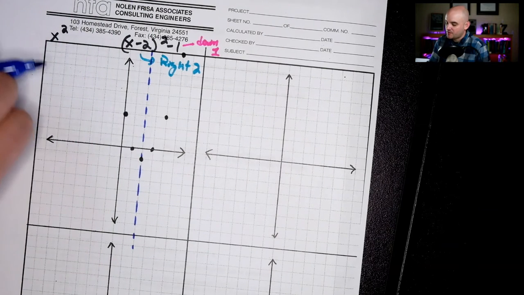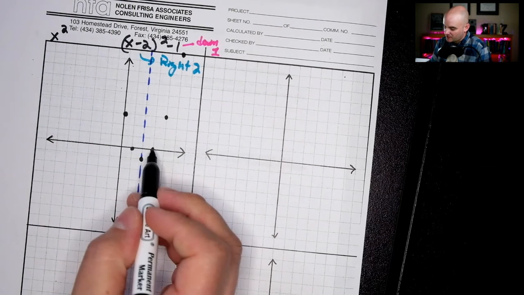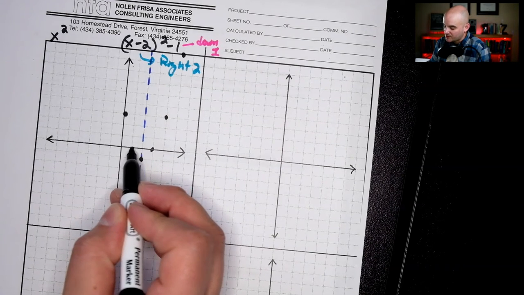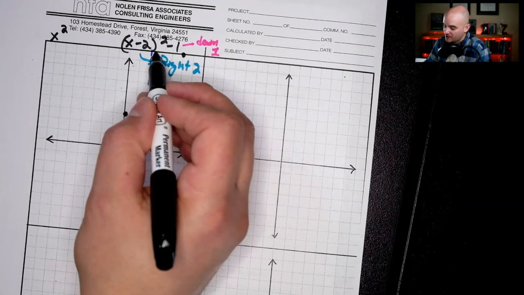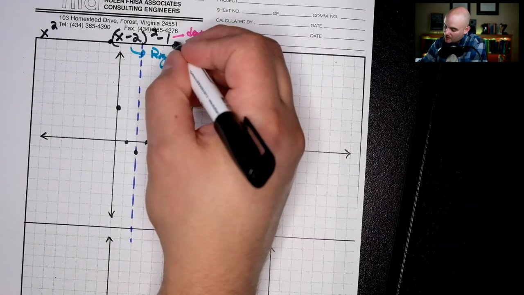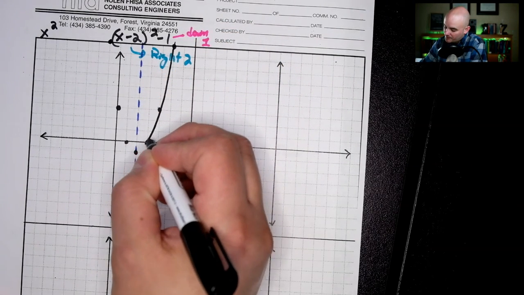So there's my line of symmetry slicing right through that vertex, and now it's easier to make sure that I counted over correctly. 1 to the right, 1 to the left, 2 to the right, 2 to the left, and then 3 to the right. So I'm going to go 3 to the left right there. And now I can draw my parabola.